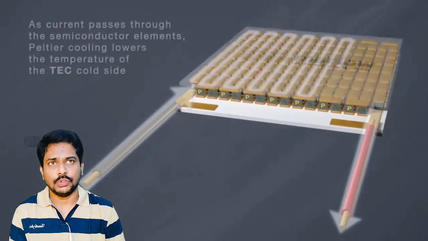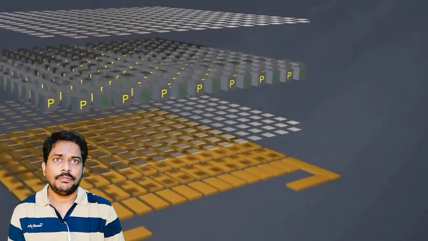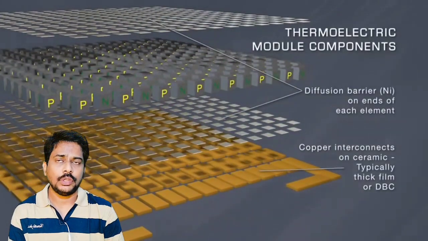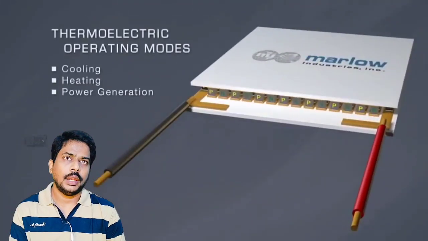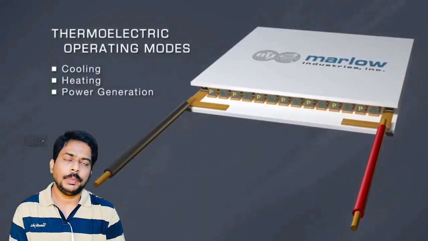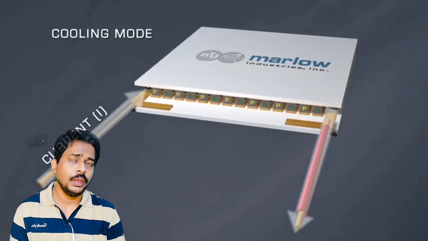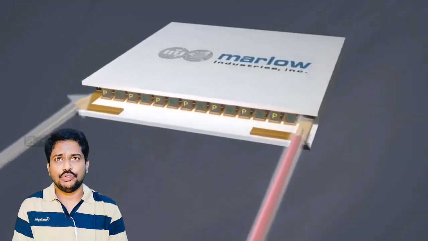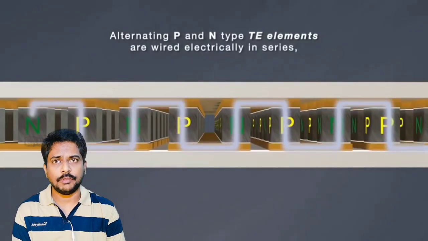This is the view of the thermoelectric device. You can have a closer look. This thermoelectric device will have two ceramic substrates at the top and bottom, and p and n type materials placed in series, and the current flows alternately through p and n type materials, thus creating a heating and a cooling effect.